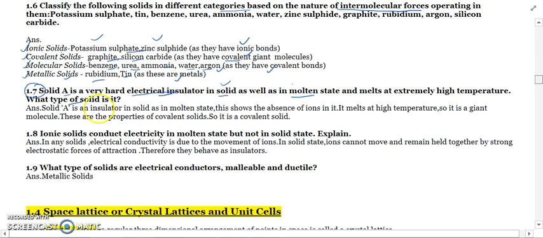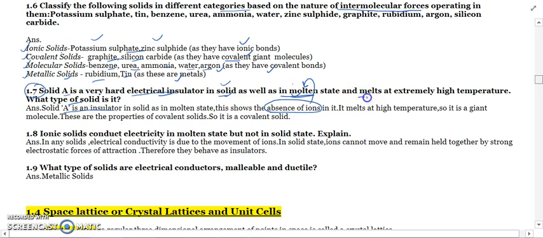Because it is an insulator in the solid state, this shows the absence of ions. Why the absence of ions? Because it doesn't conduct electricity in the solid as well as in the molten state. If it were an ionic solid, it would conduct electricity in the molten state, but it does not, therefore it is not an ionic solid.